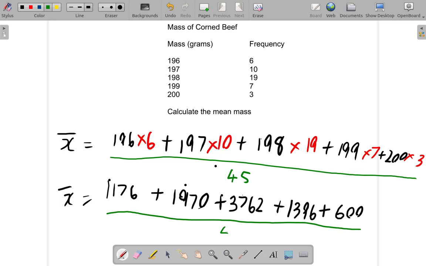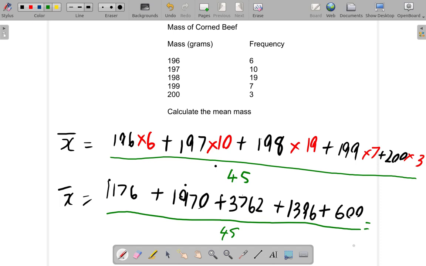Alright? So what do you end up with out here? You have 1176 plus 1970 plus 3762.